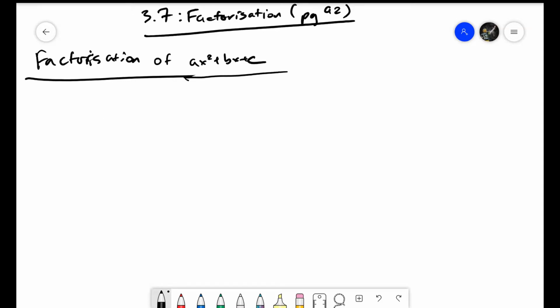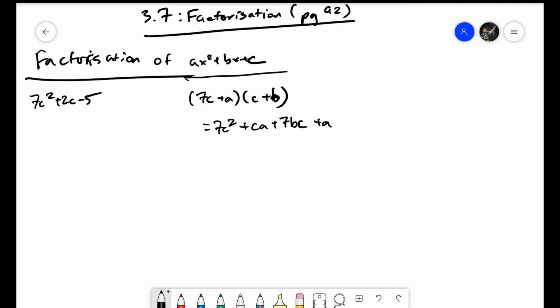The next problem is to factorize 7c squared plus 2c minus 5. So this can be written as (7c plus a) times (c plus b). And when you expand this, you get 7c squared plus ca plus 7bc plus ab, which is equal to 7c squared plus (a plus 7b) times c plus ab.